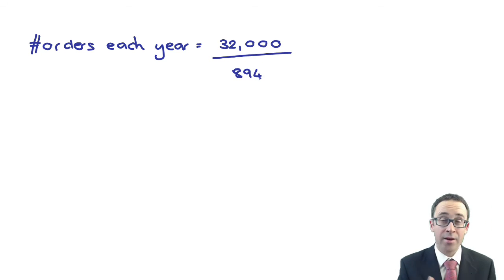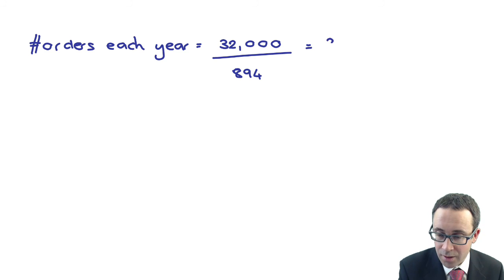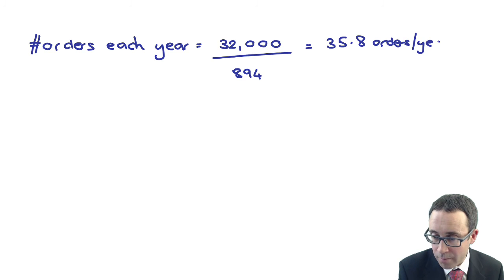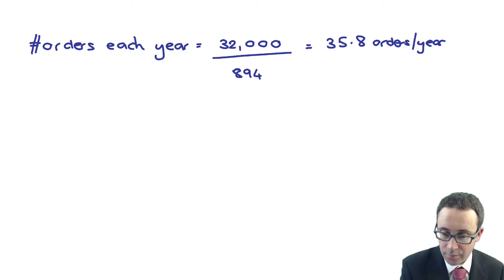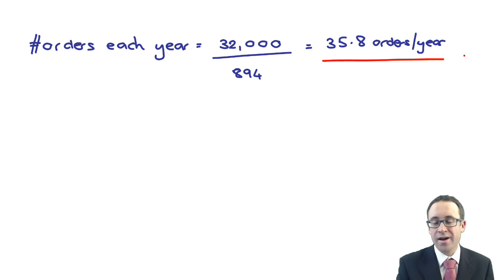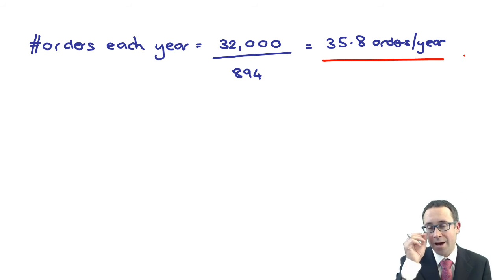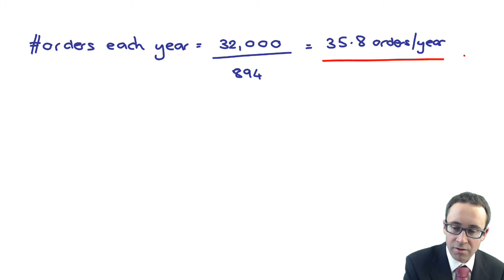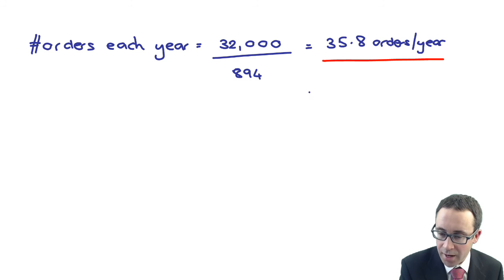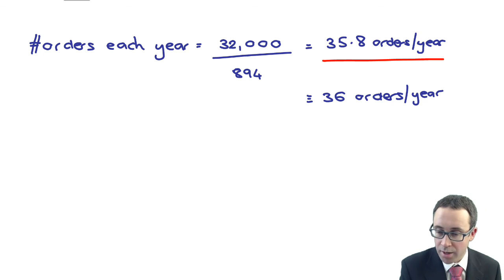If we divide that by the 894, which is how many units you purchase every time, that gives you, I think, 35.8 orders per year. So effectively, you'd round that up, wouldn't you? If you had 35 orders, you wouldn't get the 32,000 in terms of your goods. So you would have to round that up to 36 orders per year. So 36 orders per year.